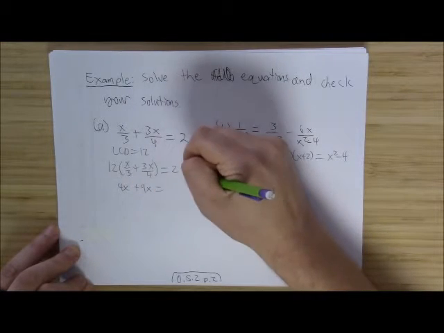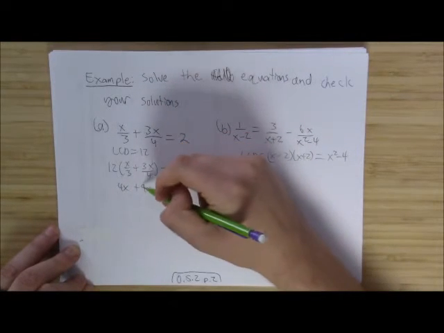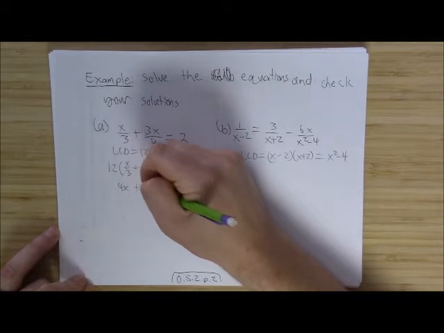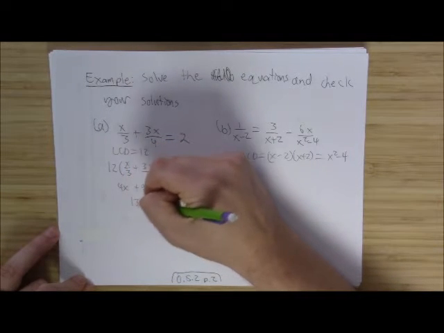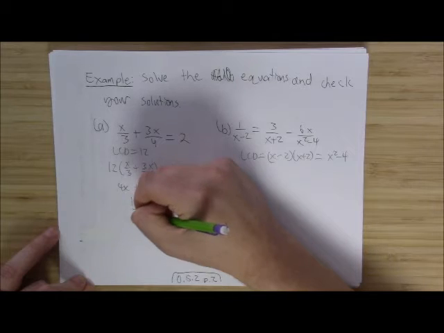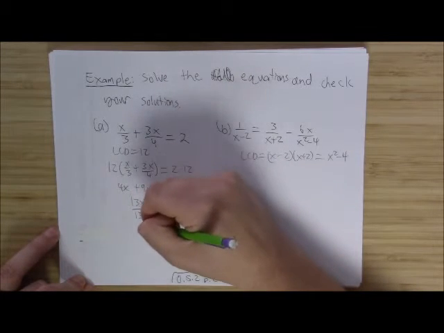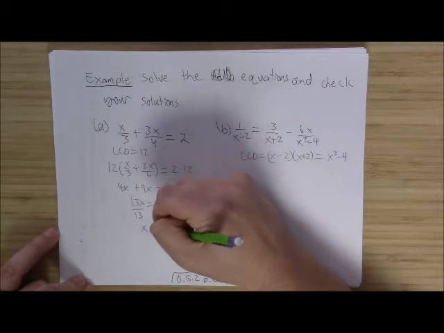And here we have 24 on this side. So we have 4x plus 9x is 13x equals 24. Divide both sides by 13, and we end up with x equals 24 over 13.